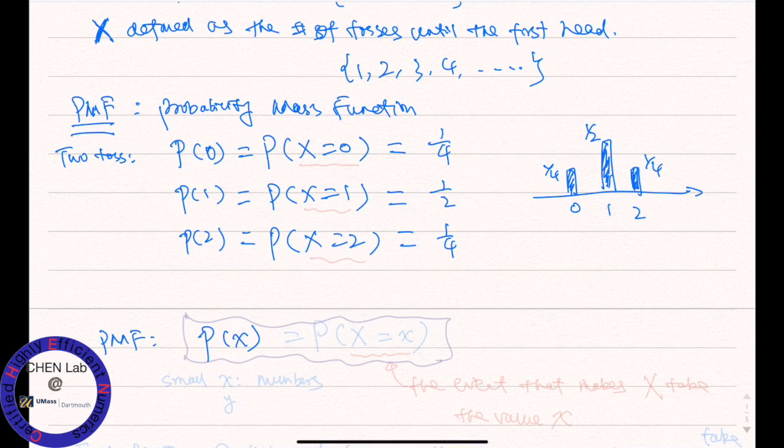The lowercase letters, small x or maybe y, are numbers. That's the only confusing point for this part. We're going to use the probability of the capital X is equal to little x.